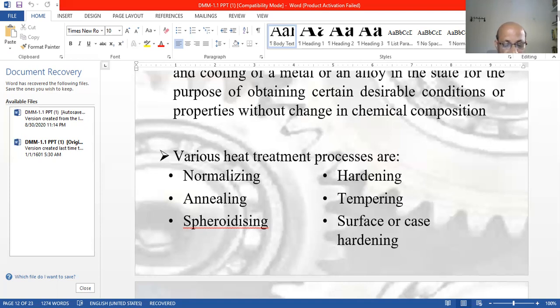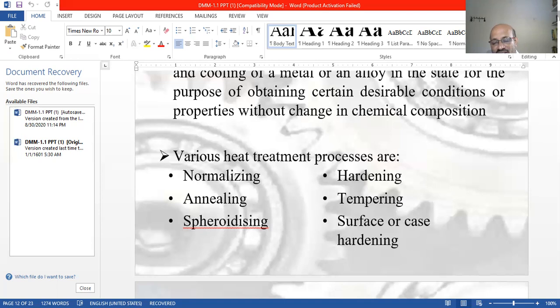The second is to enable it to cut other metals, that is, to make it suitable for cutting tools.